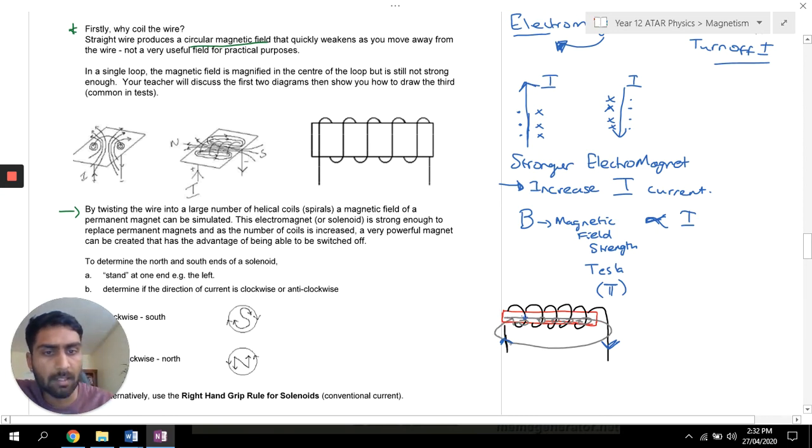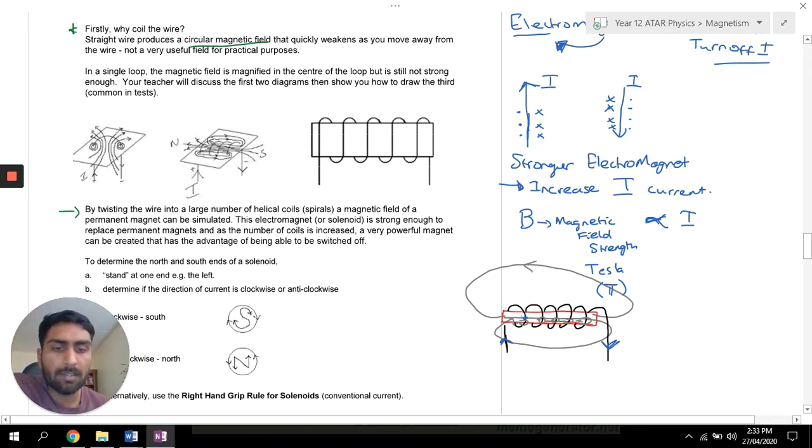On the other side they do the same, but the field is going the opposite way. It happens at the top and the bottom too, but we're just drawing into and out of the page. This is one side, this is the other side of that solenoid.